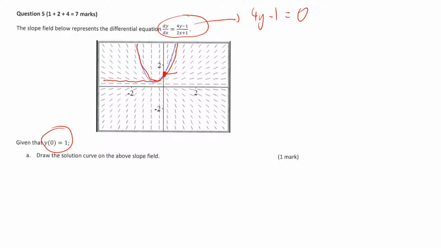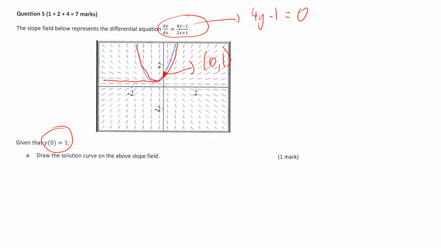So I was looking for two things: a roughly parabolic shape, and I was looking for the fact that your shape would go through the point 0, 1. So it had to go through that point because that's how you approximate graphically, create a solution curve given 1 point on the curve. Okay. All right. Anyway, so quite a few problems with this, but I somewhat apologize, but at the same time, I think there was good learning involved in the question itself.